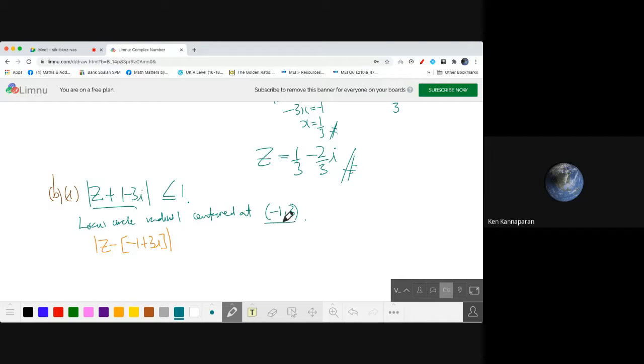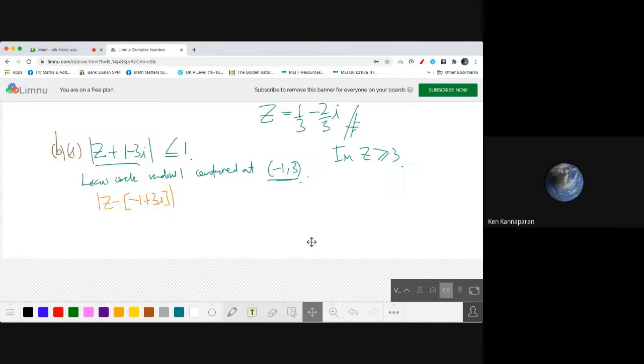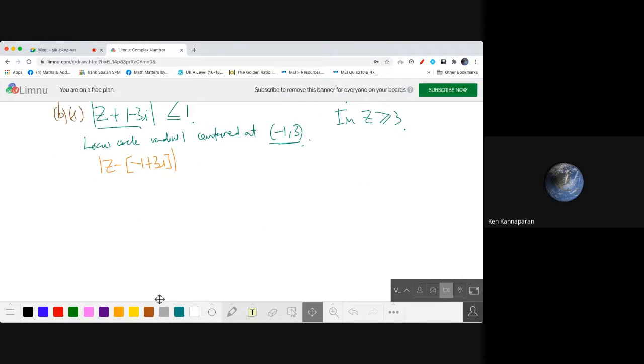Okay, so that's that. And the imaginary part of z is greater than or equal to 3. Basically the imaginary axis, which is your y-axis, and y equals to 3, or the imaginary value 3. Okay, so I'll show that over here. Okay, so now let's draw a circle first.